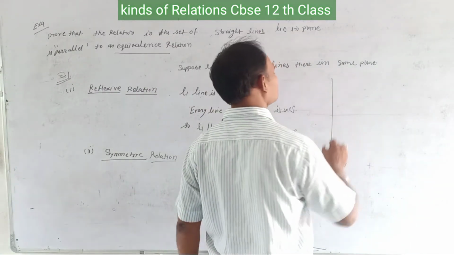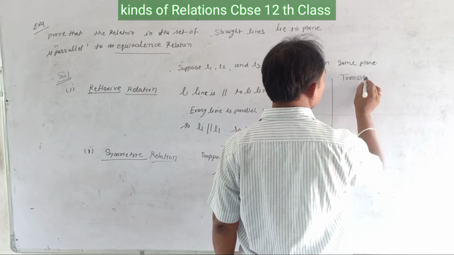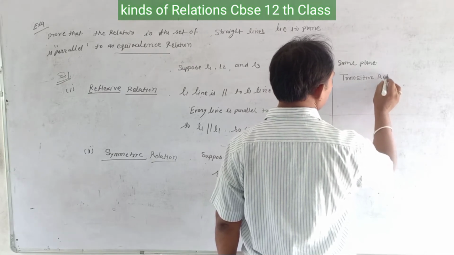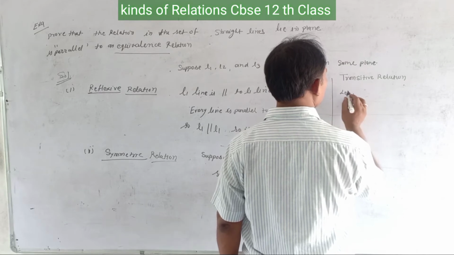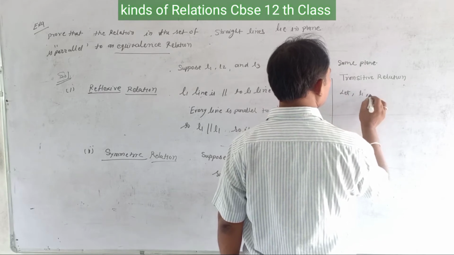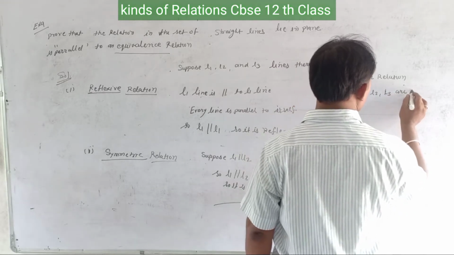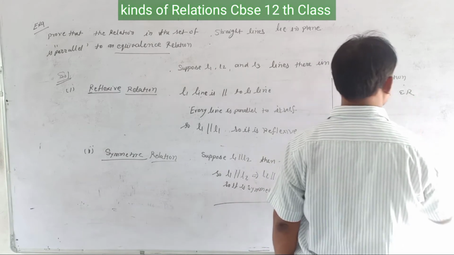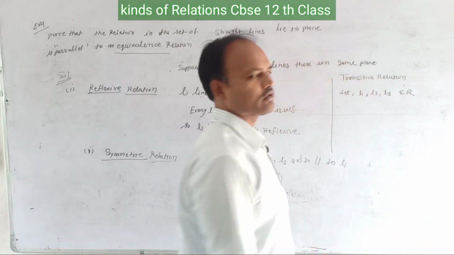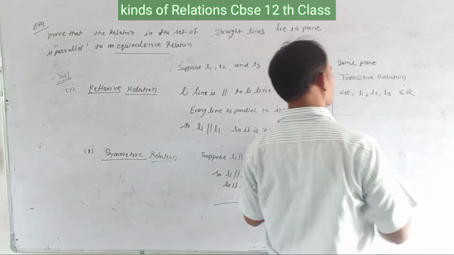Now what is the third one? The third one is transitive. Let L1, L2, L3 belong to R, means they belong to the same plane.